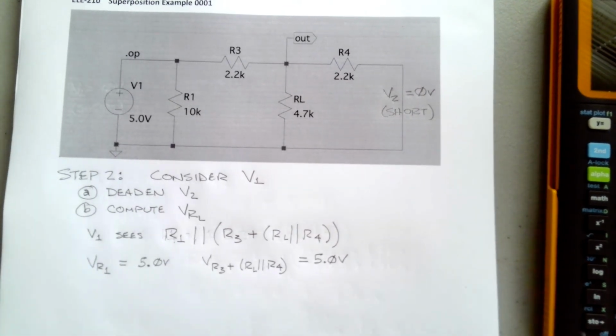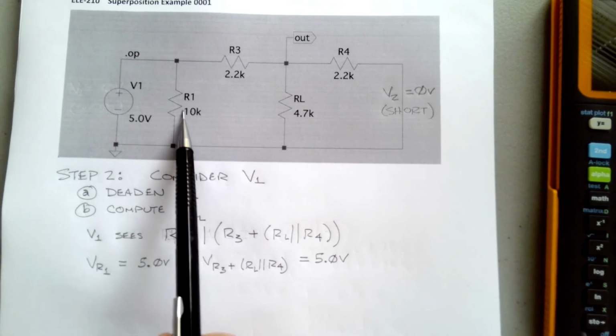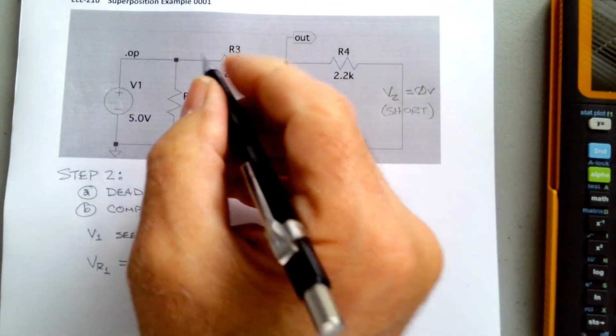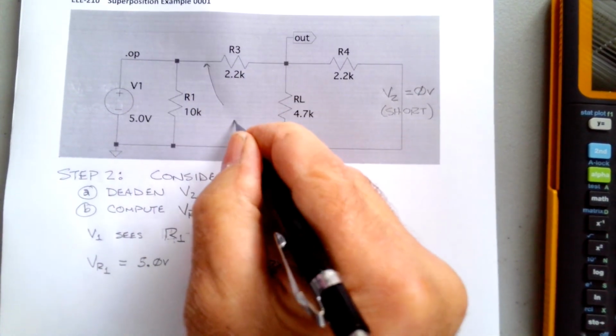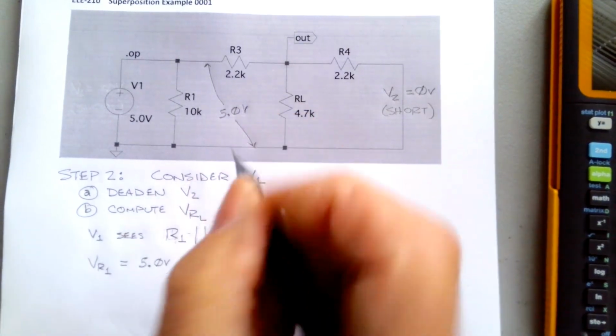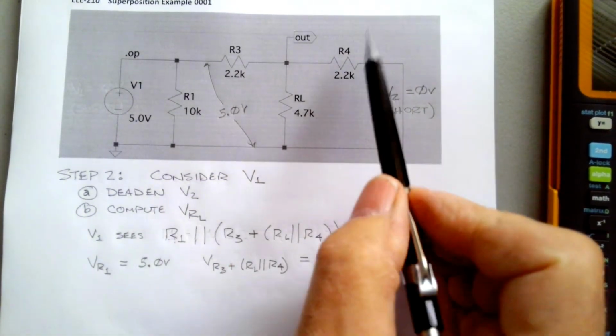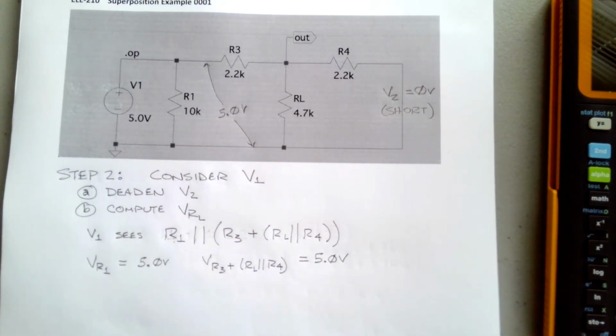So in this case, we don't need to figure out how much current goes down through R1 and that sort of thing. We know that we have 5.0 volts from there to there. So we only need to concern ourselves with this portion of the circuit over here.